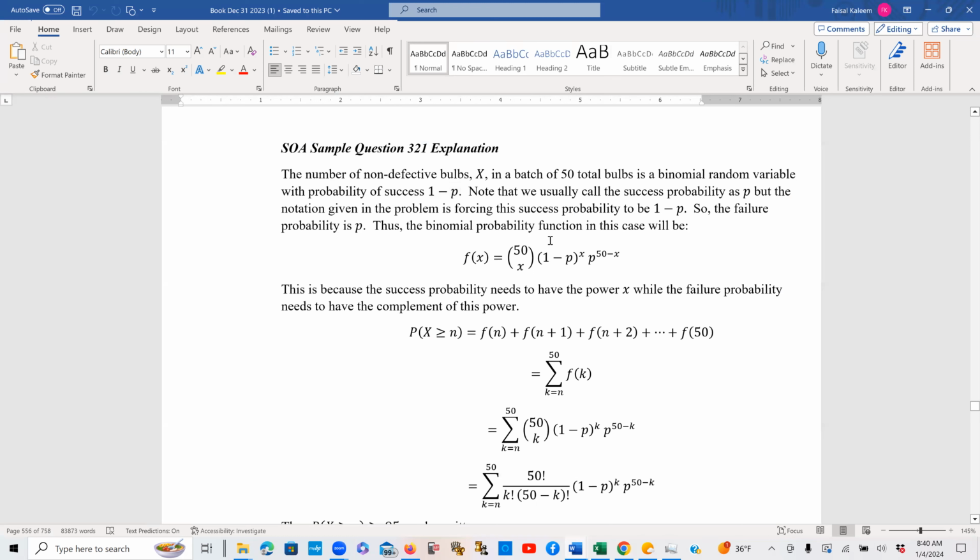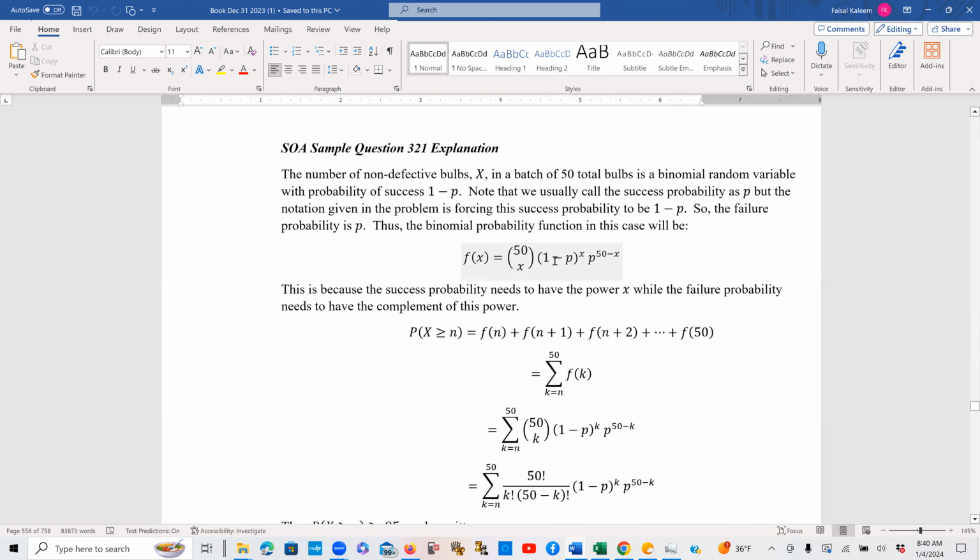Because remember, after all, P is the probability of success, and in this case, the probability of success is 1 minus P. And therefore, the probability of failure will be P, and therefore the binomial probability function in this case would be 50 choose X, where N is 50 and X is the number of successes.